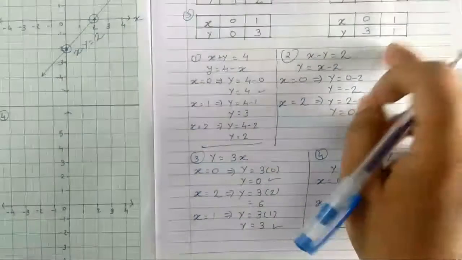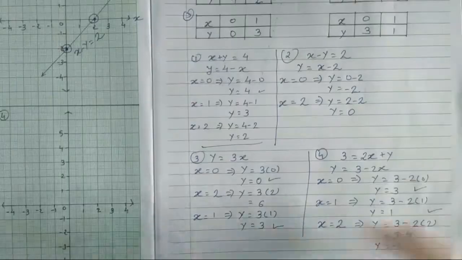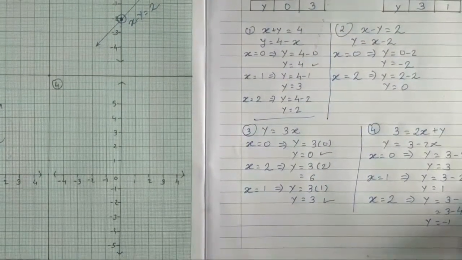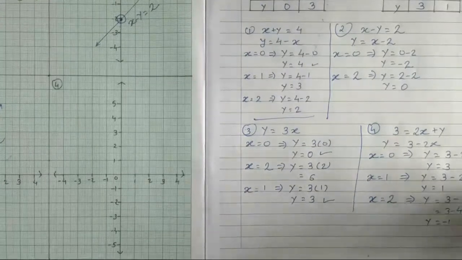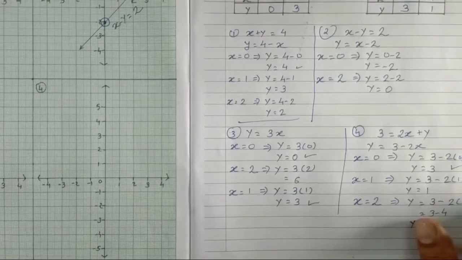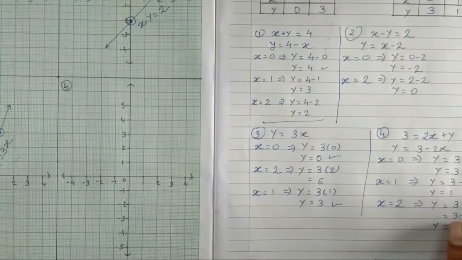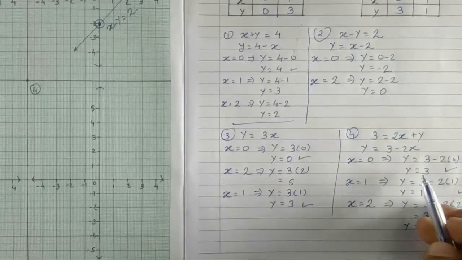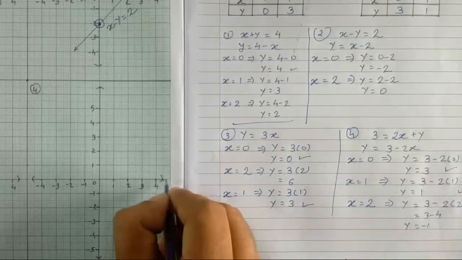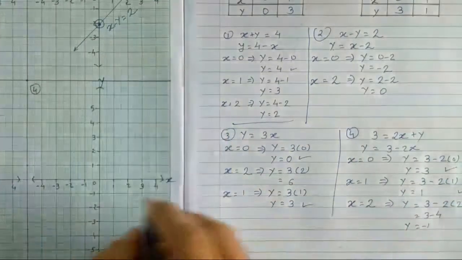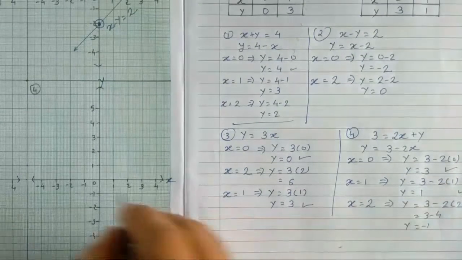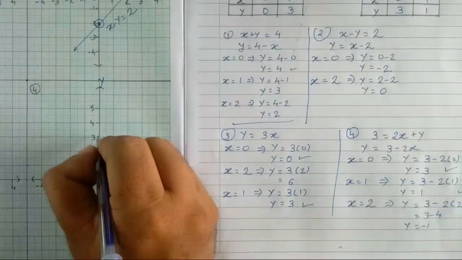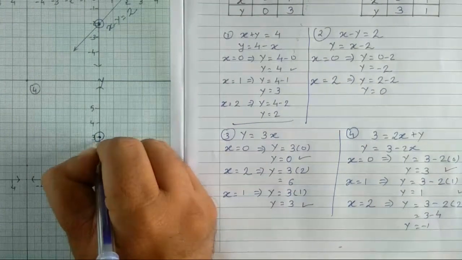So we can represent these coordinates on our graph. So first one, when x is equal to 0, at that time y is equal to 3. So x is here, y is here. Where x axis is 0, at that time y will be 3. So the first coordinate is here.